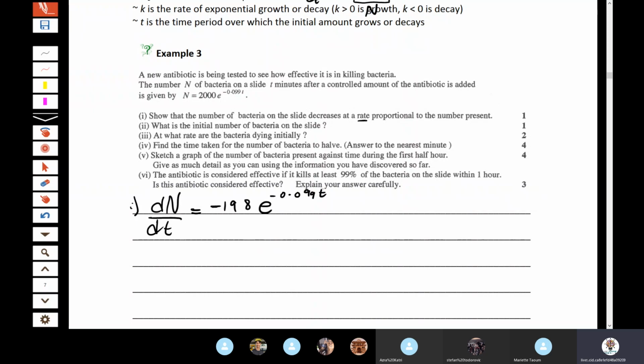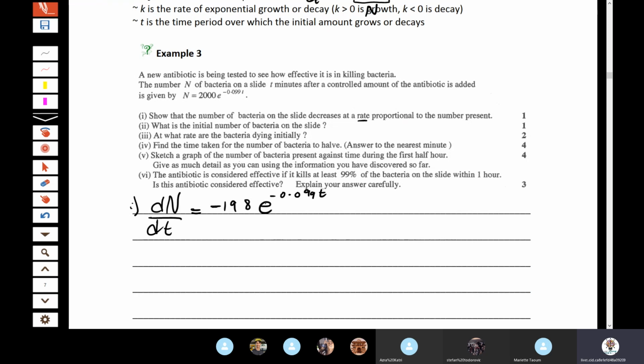And you can tell that the number of bacteria on the slide is decreasing, see, negative, at a rate proportional to the number present. So decreasing at a rate proportional, which means just a letter k, to the number present.